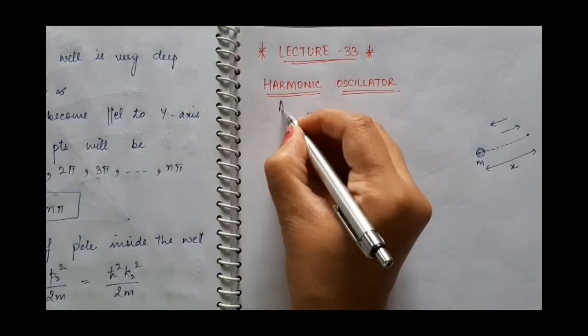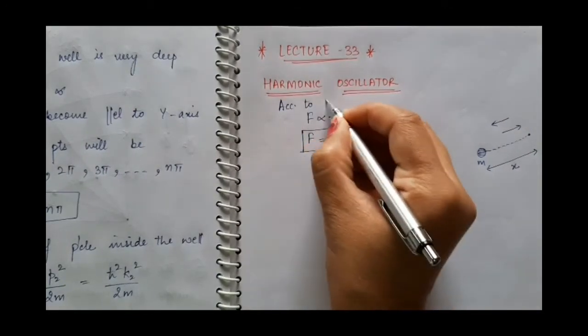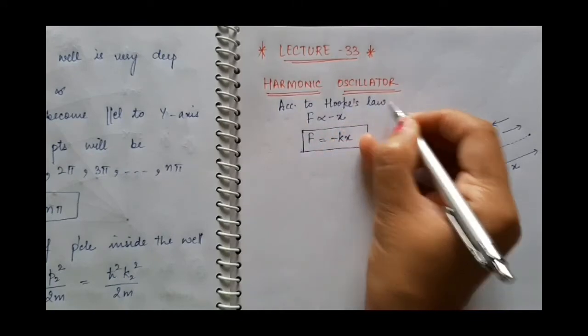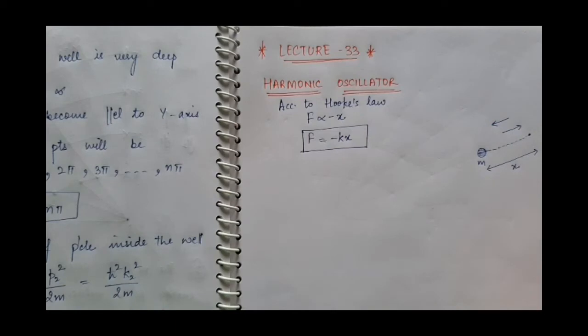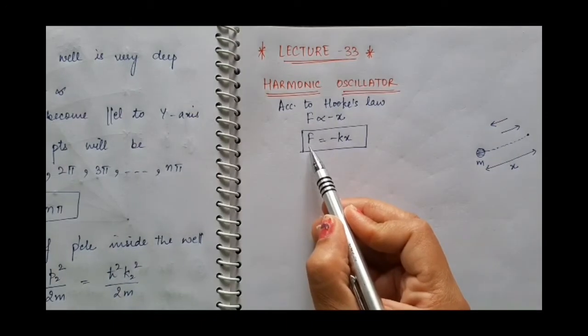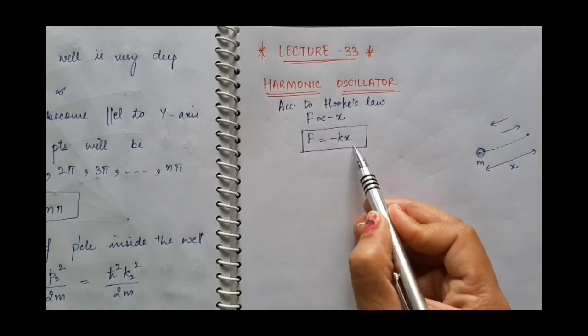This is according to Hooke's law. So we have a particle of mass m exhibiting simple harmonic motion, and the restoring force developed is equal to minus kx.